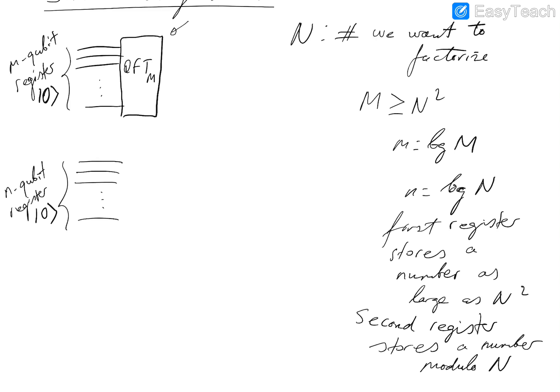So first we apply the quantum Fourier transform on the first register, and the outcome will be a general superposition state of all basis states with equal amplitudes on all zeros. Remember, this is of length m.